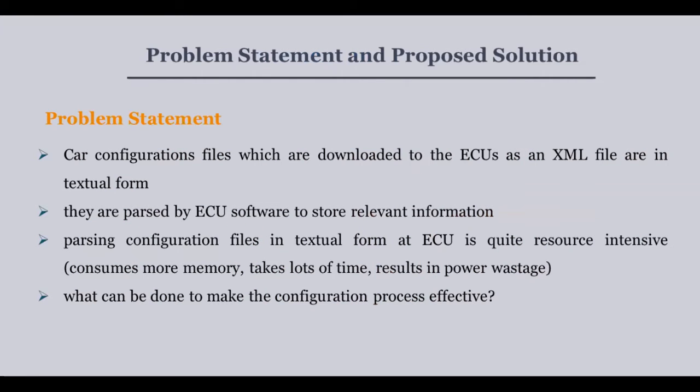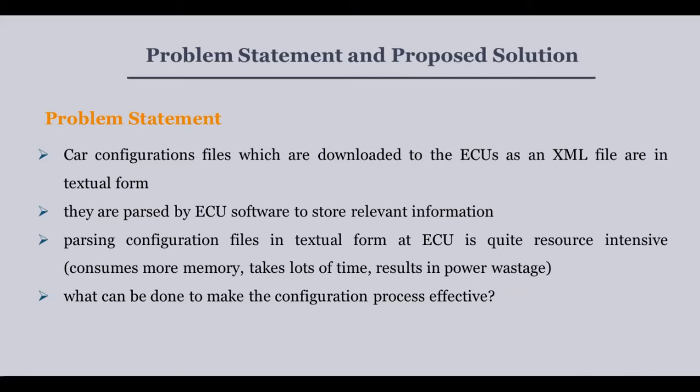Now, if we consider the problem under study, the car configuration files are currently in the form of XML files. These files are given to the mentioned ECU, where they store relevant information and act further according to the inputs. Now, if we decode these XML files at the ECU side, it is a resource intensive process. It takes lots of time, it consumes more memory, and there is power wastage.